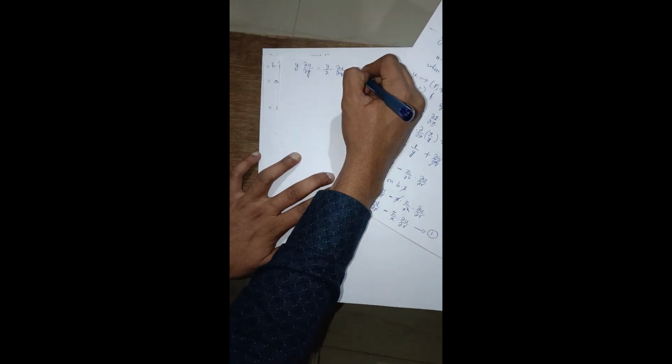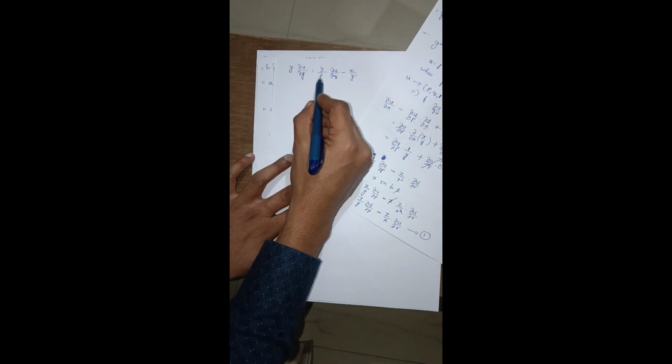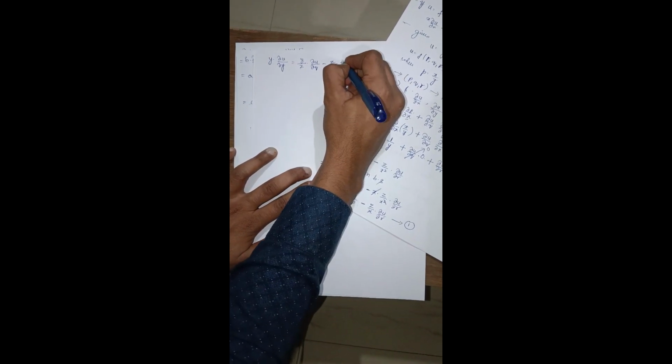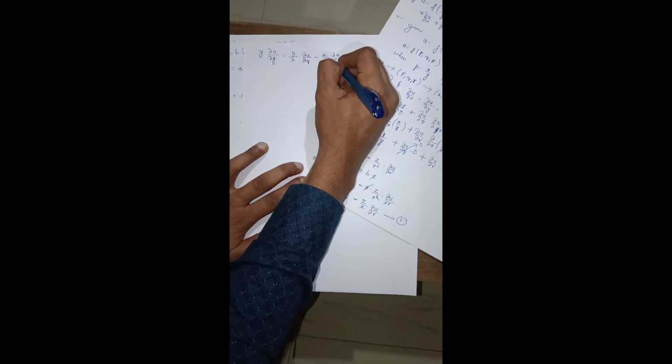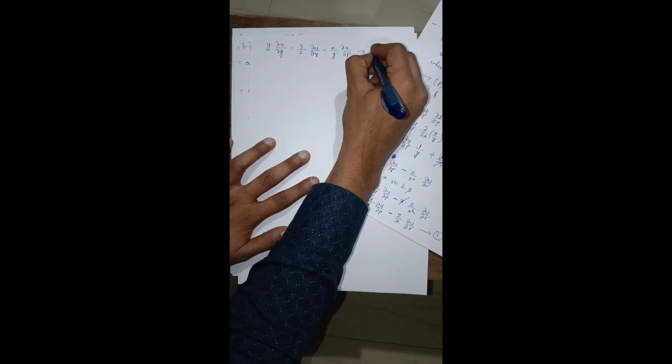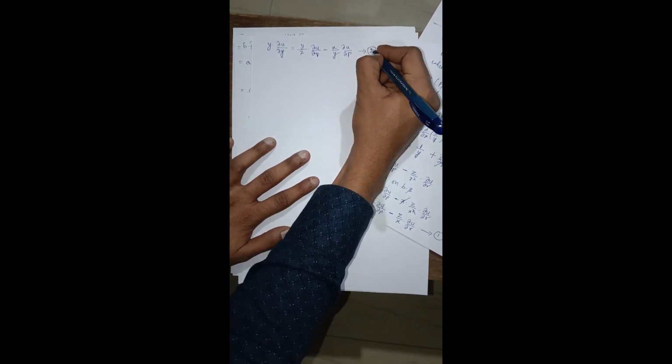After x what will come? y. After that x by y into ∂u/∂p. You take this as equation number 2.